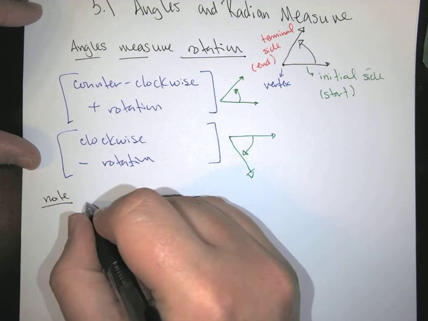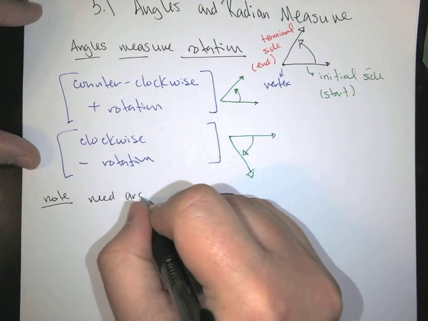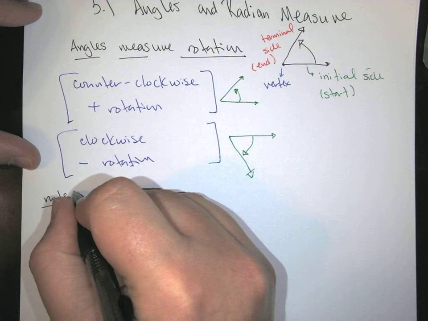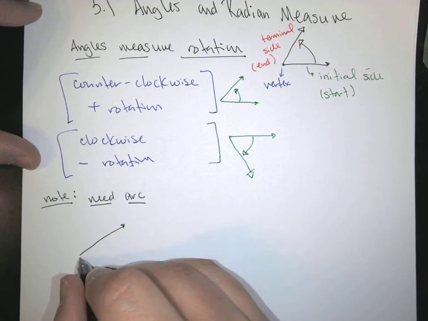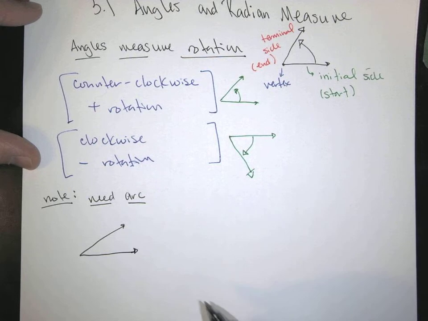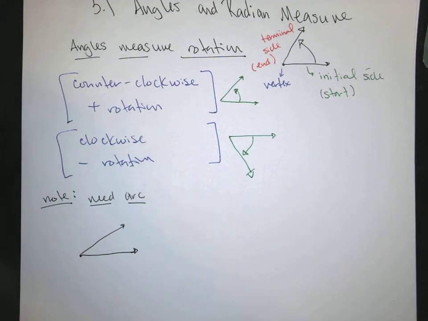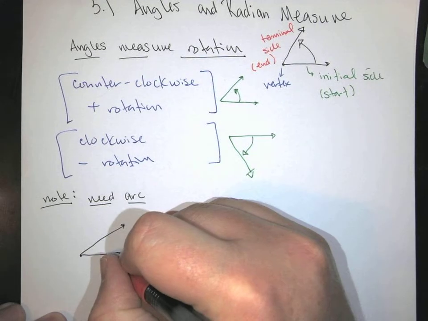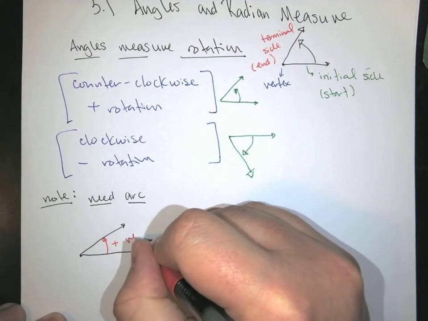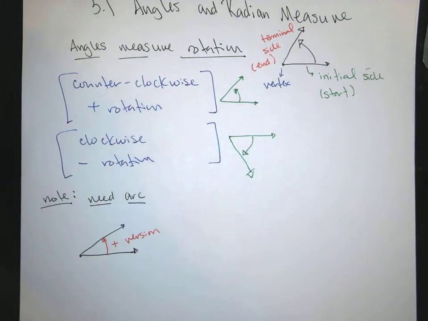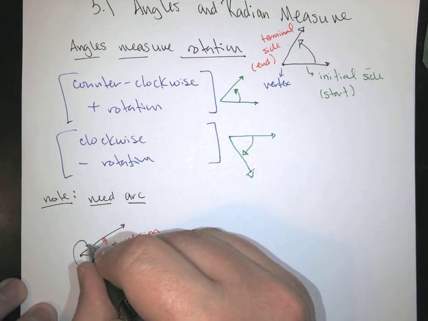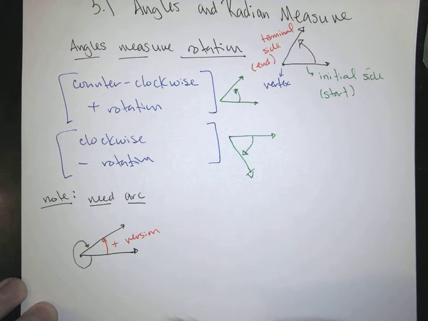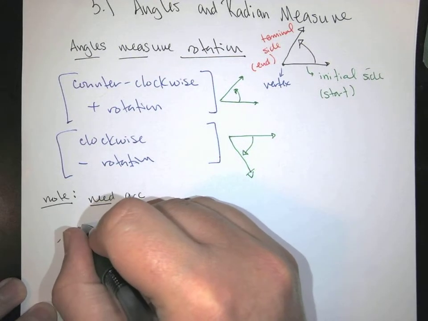Note, we definitely need the arc when we draw this, because if I just draw any old angle like so, I could get two different versions of the rotation here. I could rotate this way, that would be the positive version. Or in theory, I could keep those same sides and draw an angle rotating all the way around from the other side, and this would be a negative version.